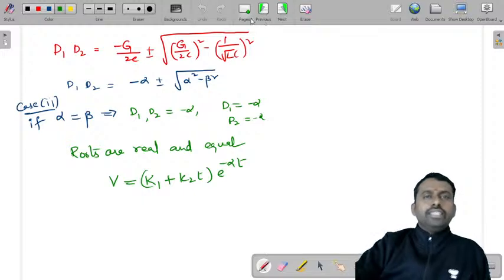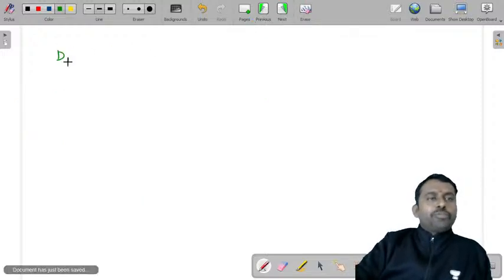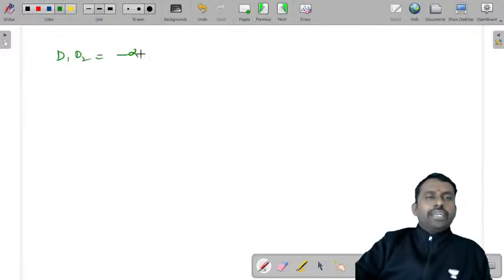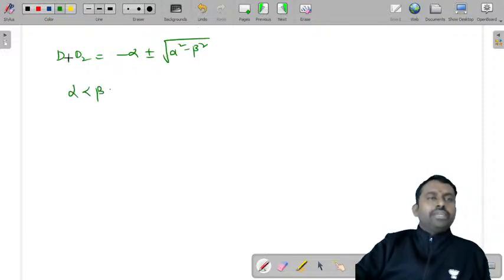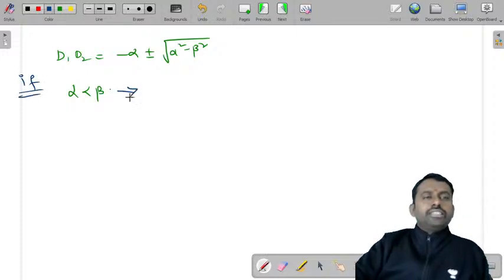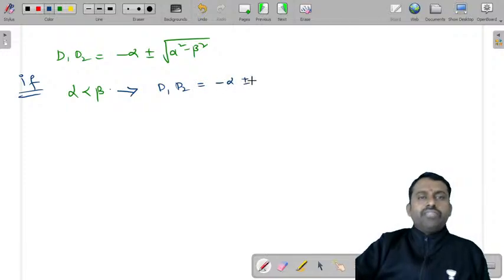Now let us consider the third case. So D1 comma D2 is equal to, I'm writing directly, minus alpha plus or minus under root of alpha square minus beta square. Now let us say alpha is less than beta. If alpha is less than beta, what will be D1 and D2? It will be minus alpha plus or minus jP, where P is equal to root of beta square minus alpha square.